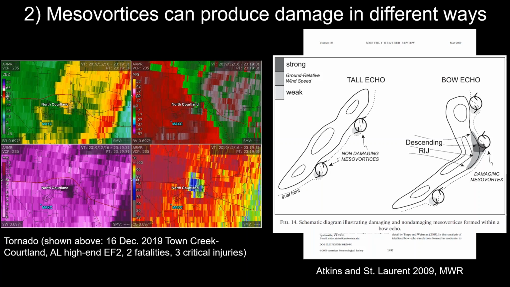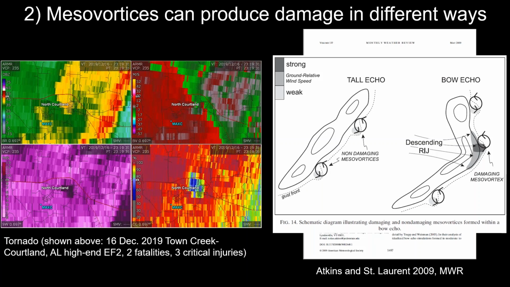If you juxtapose the momentum of the descending rear inflow jet and the pressure gradient force associated with the mesovortex, you can get some particularly strong or intense damaging winds, associated with the mesovortex, that are not necessarily tornadic or thought to be tornadic in nature.